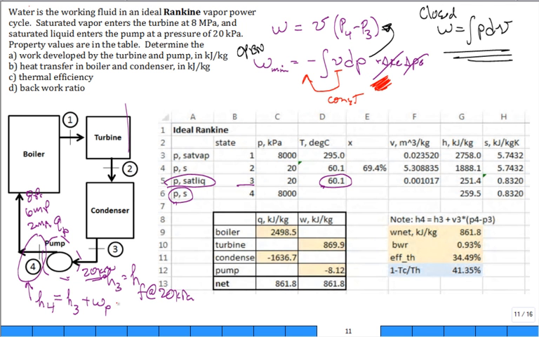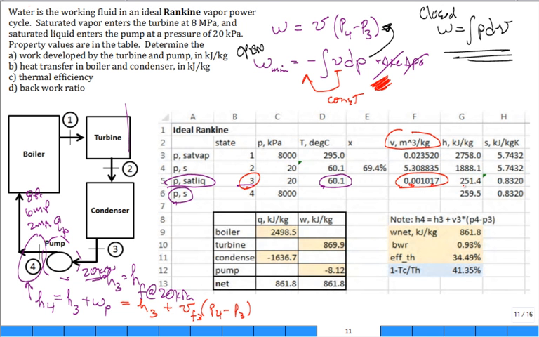So I calculate h3, we know how to get that one, and we add v_f times (P4 minus P3). That v_f is evaluated at state 3, and it's assumed not to change between 3 and 4. Okay, so that's why I had this v column. I really don't need this specific volume until I get the specific volume of state 3.